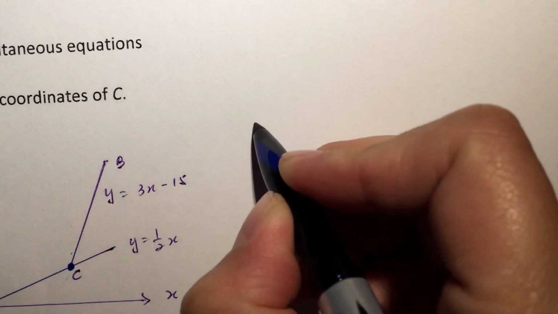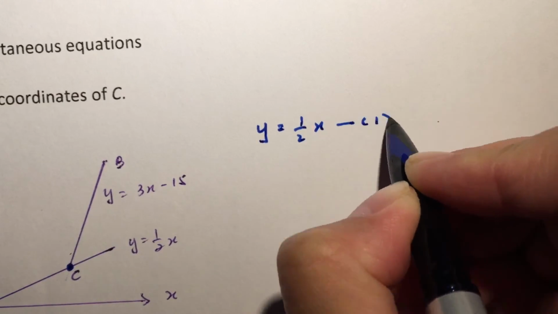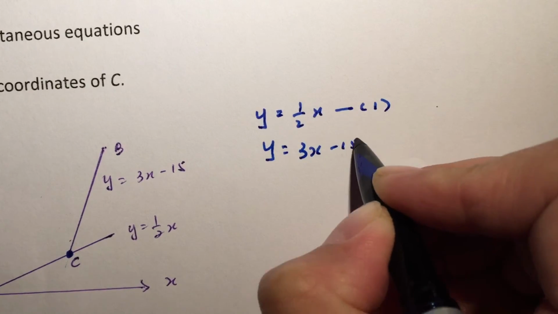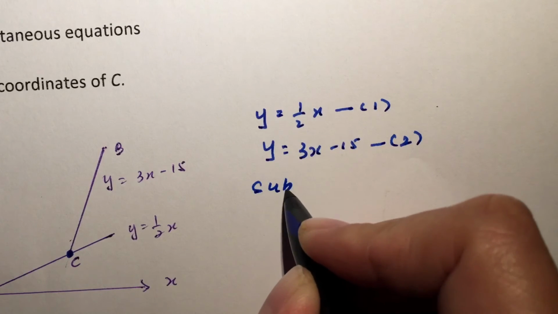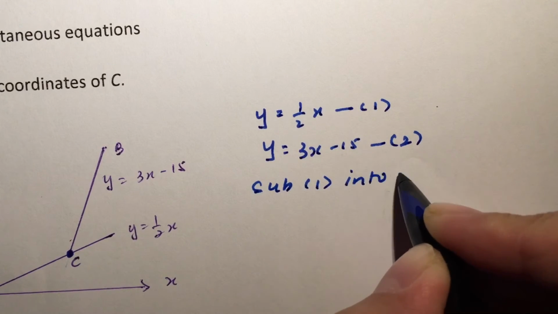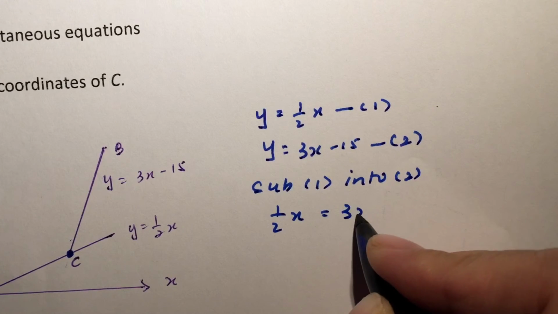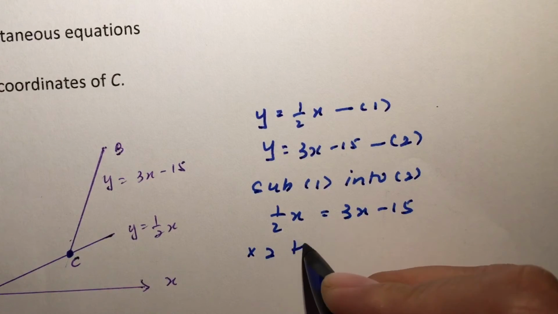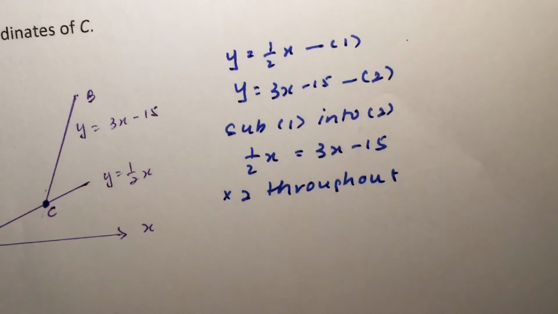So the first thing we can do is let y equals half x be the first equation. Then we have y equals 3x minus 15 as the second equation. And we sub 1 into 2. And we'll be able to have half x equals 3x minus 15. And we times 2 throughout, so that we can get rid of the half.